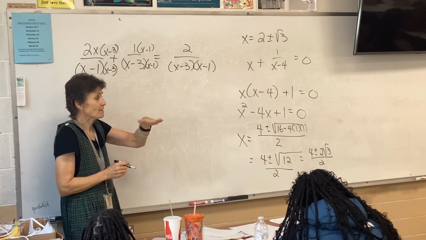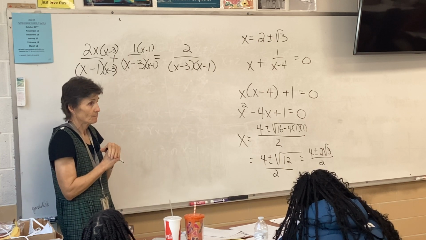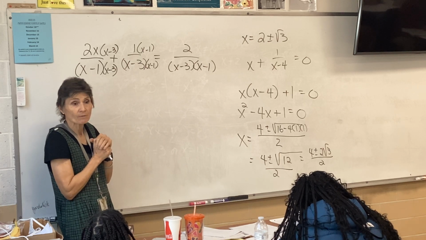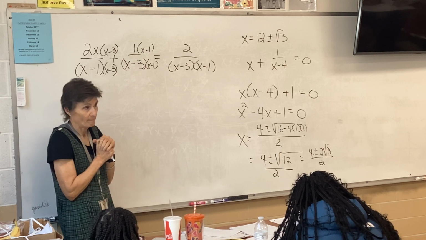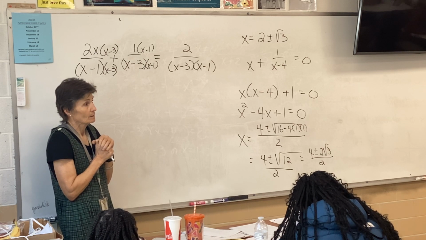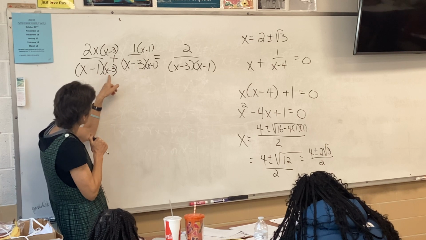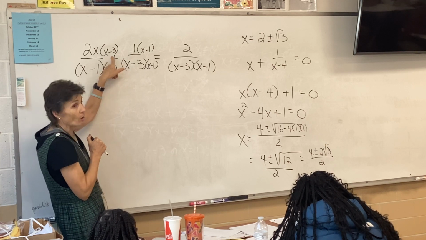So one way to do this problem, not the only way, but one way, is to make all the denominators the same. Notice that when I put an x minus 3 in the bottom, I had to also put it on the top.